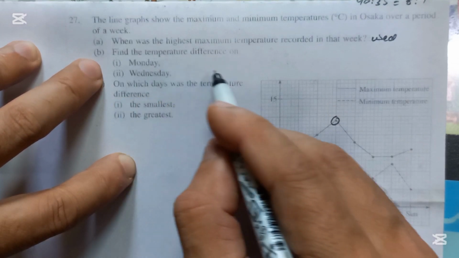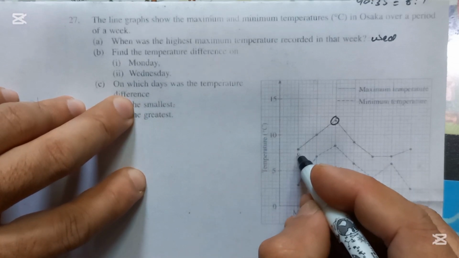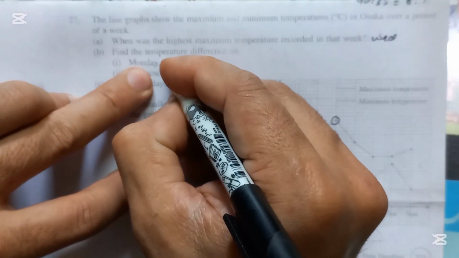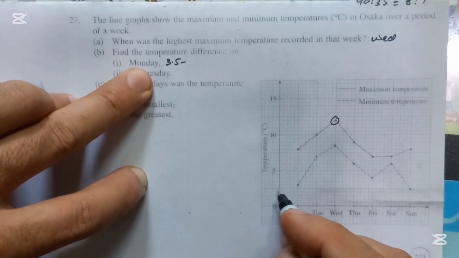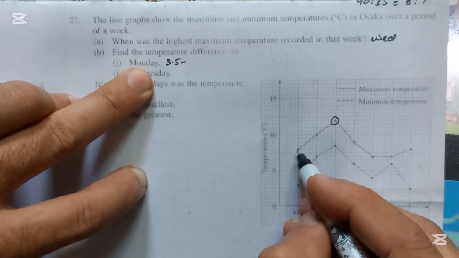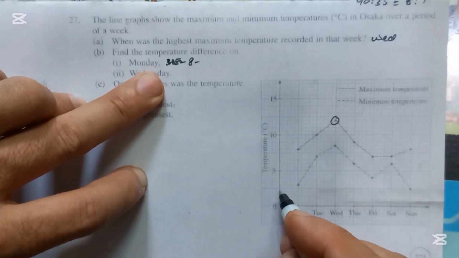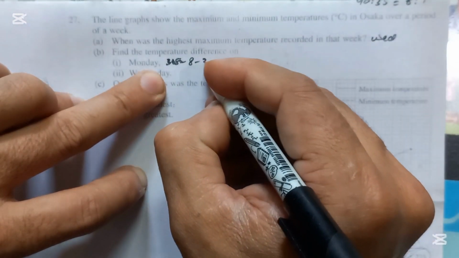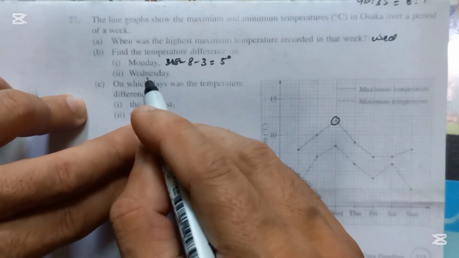On Monday, here is 7.5, and this will be 8. Minus the minimum temperature, this is 2.5 and this will be 3. So 8 minus 3 is 5 degrees, the temperature difference on Monday.